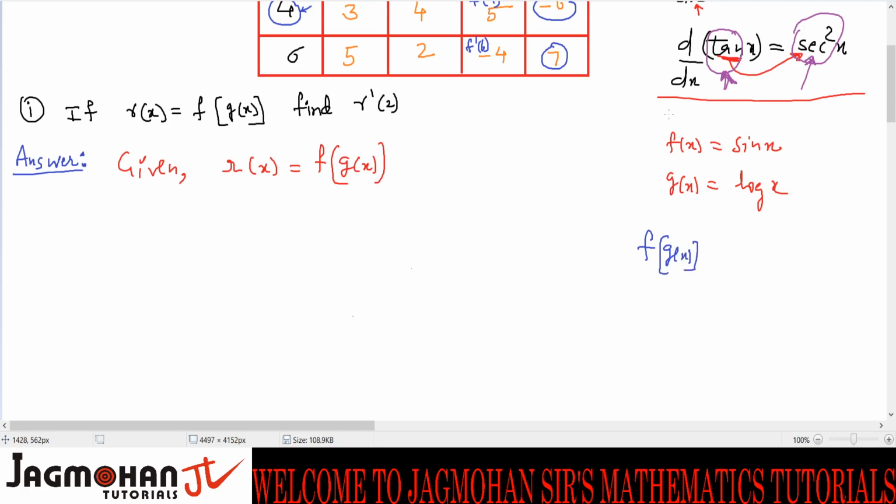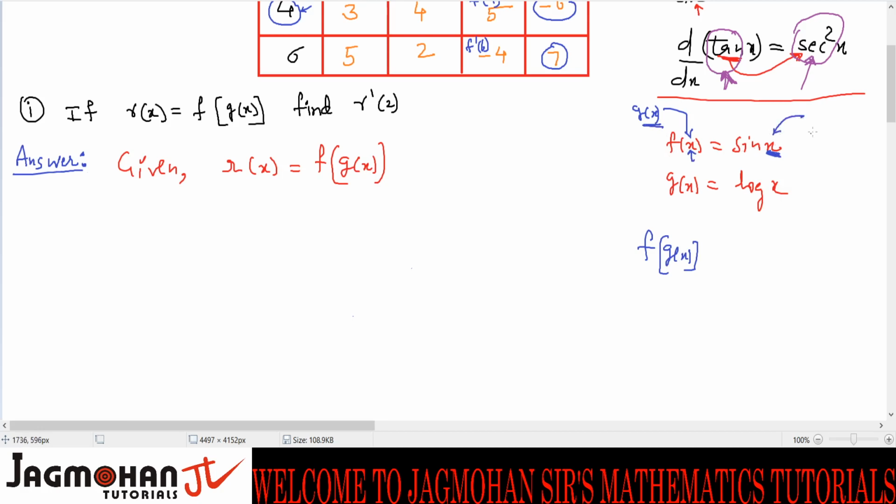Check. f of x is sine of x. So if I replace this x by g of x, then only it will be f of g of x. I repeat again. When I replace this x here by g of x, I will get f of g of x. Now when I do that, the same would be done here.